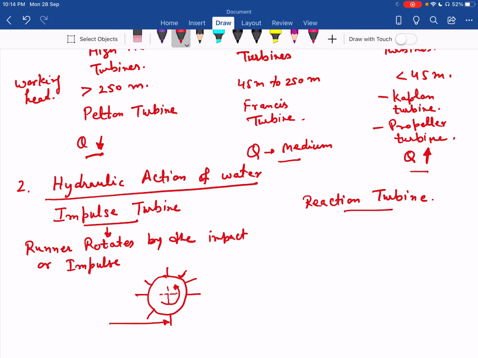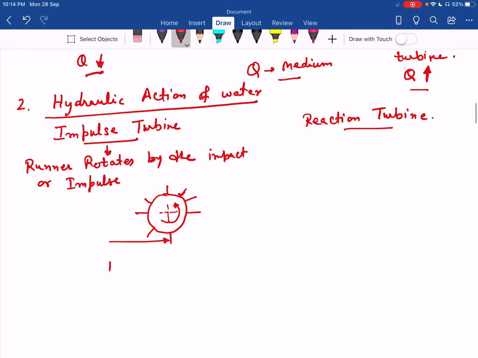In an impulse turbine, one important thing we have is the nozzle. To increase the impulse of water, we use the nozzle. Now we take water from the head race to the powerhouse through the penstock. So this is the penstock.